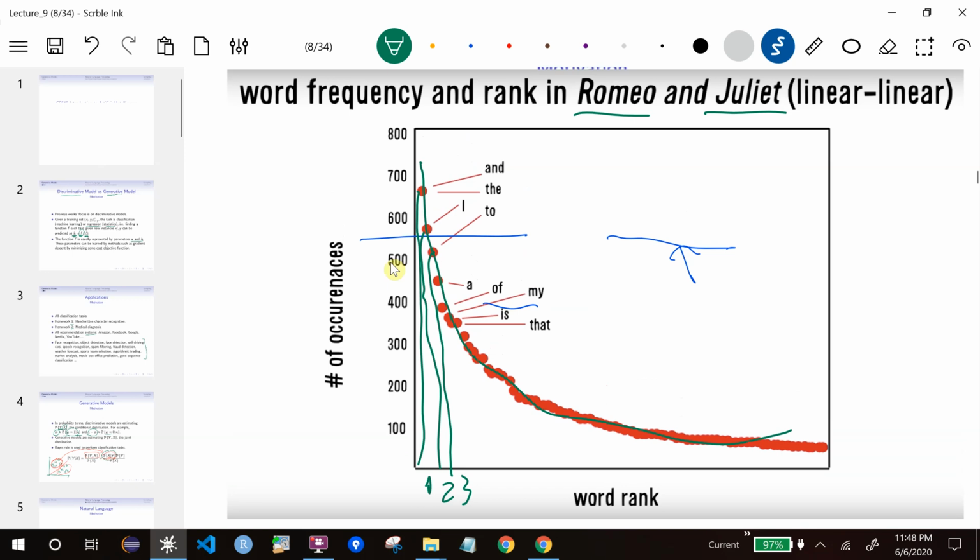And remember what this shape is: y is some constant over x, if this is x and this is y. That just happens. It's not some mathematical result. It's just that in most documents, this kind of thing happens, and we call it Zipf's law.